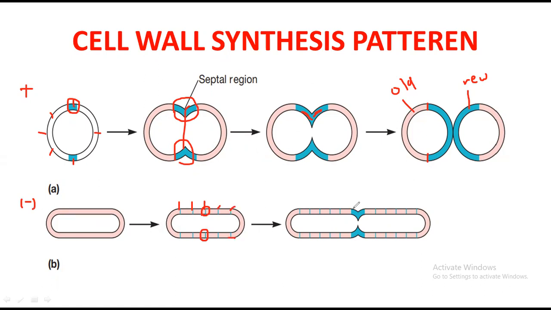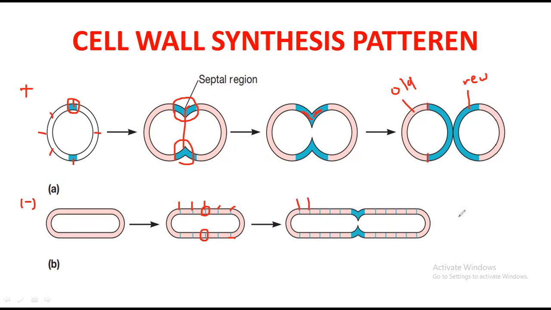Now you have become clear on this question: in gram positive cocci bacteria, the peptidoglycan layer starts its synthesis only at the septal region. But in bacilli bacteria, especially gram negative bacteria, it can start its biosynthesis at different positions.